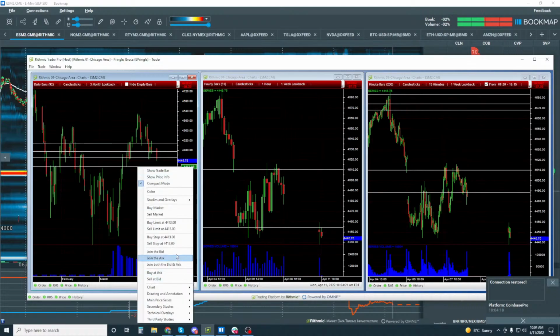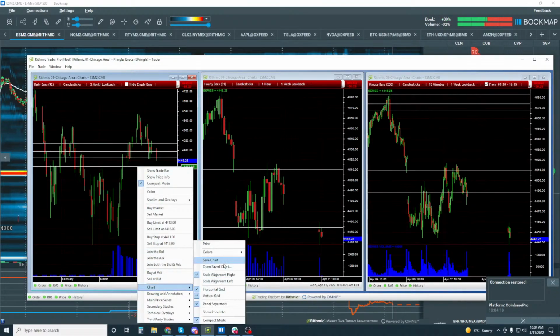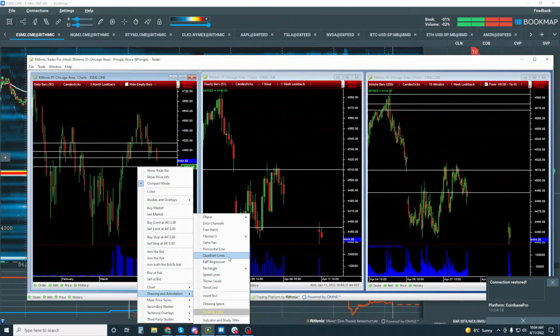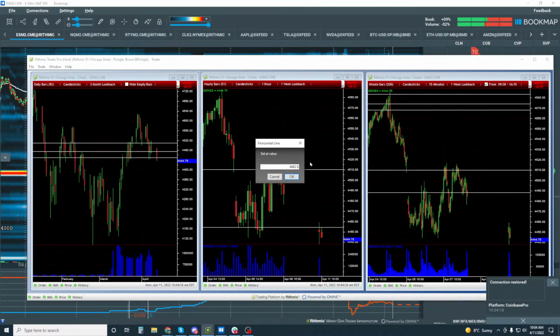So let's add that one in on the daily chart. Okay, drawing, and the horizontal line 44.13 is what we want. Okay, all right, I'm really curious about this level here.